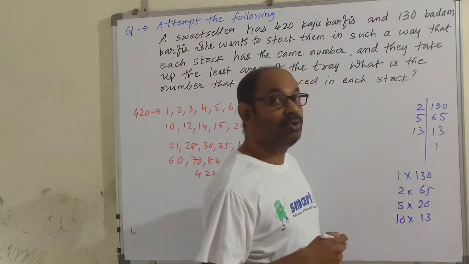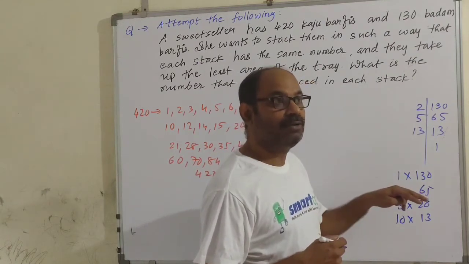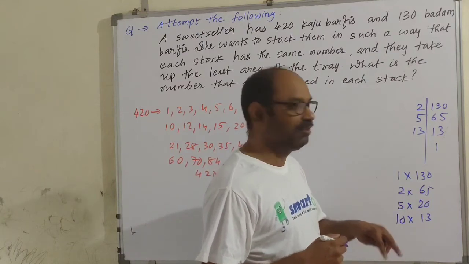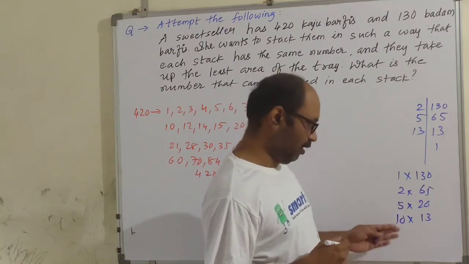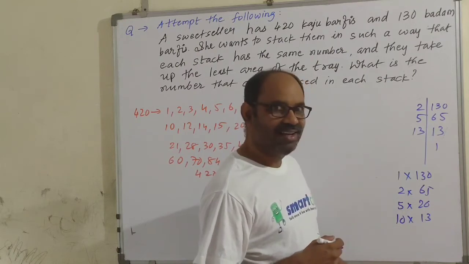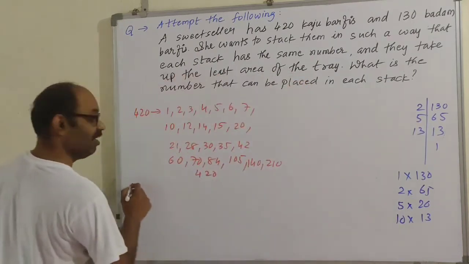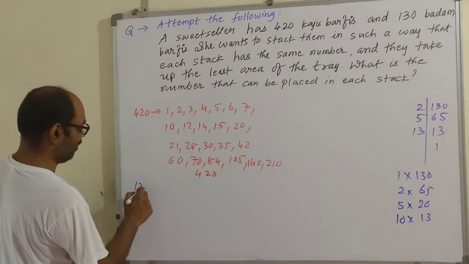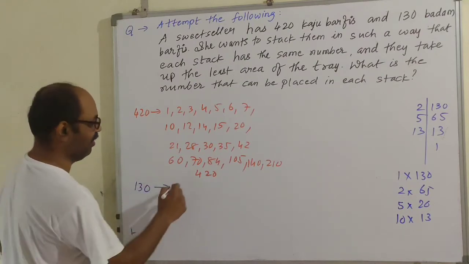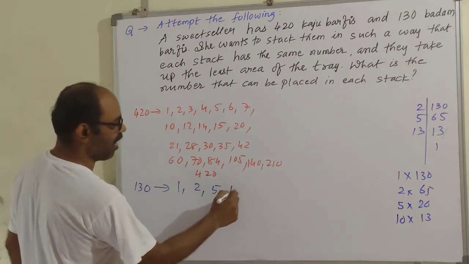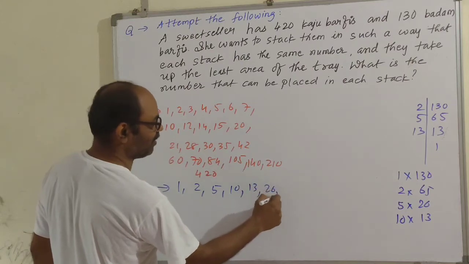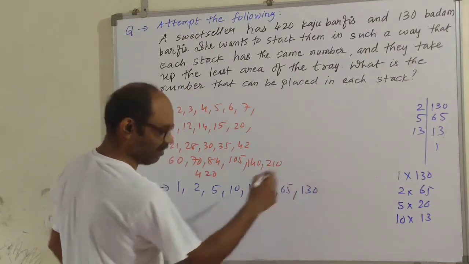Prime, nahin. 12. Double 2 and 3. No, they are not there. Then 13. Here it is 13. So you have 130. The factors of 130. 1, 2, 5, 10, 13, 26, 65 and 130.